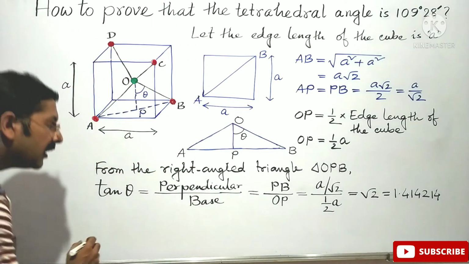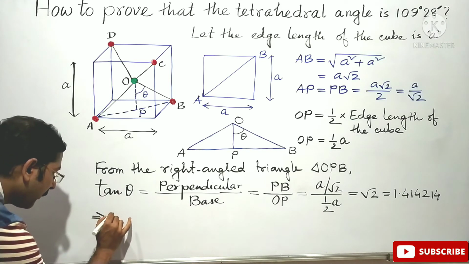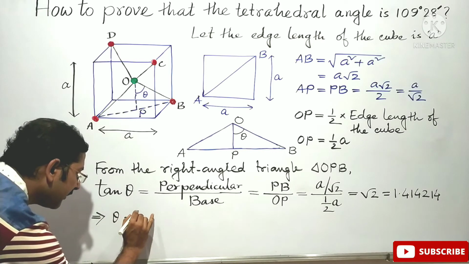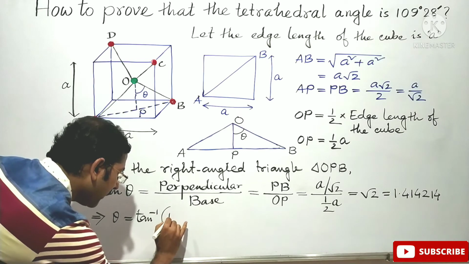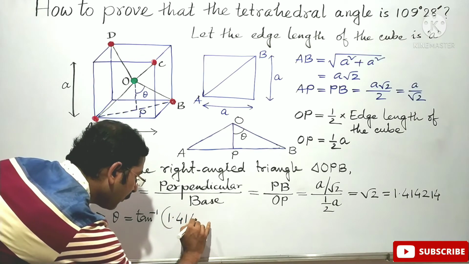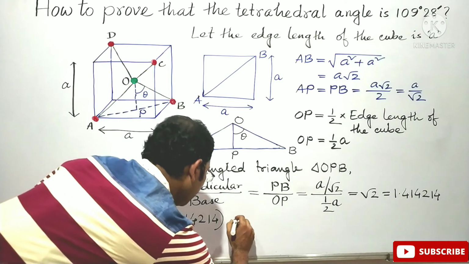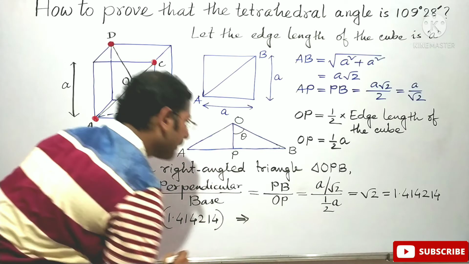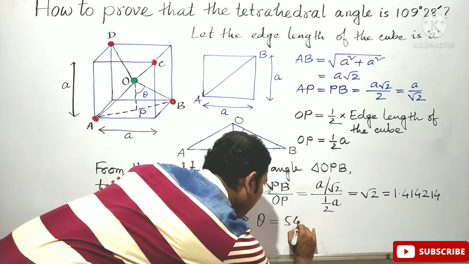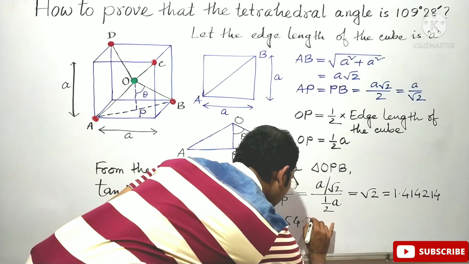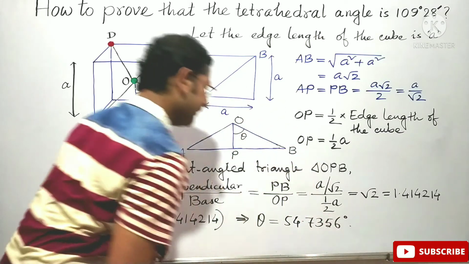So theta equal to tan inverse 1.414214, and this gives you theta equal to 54.7356 degree.